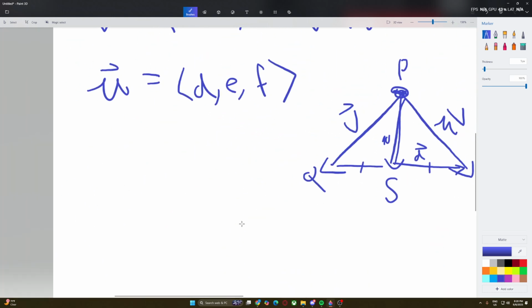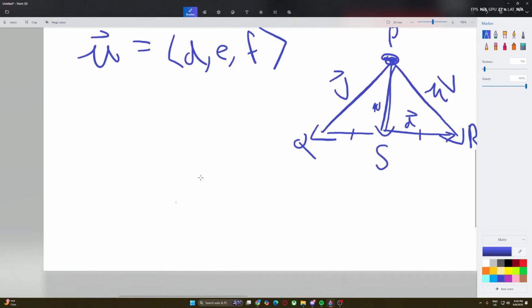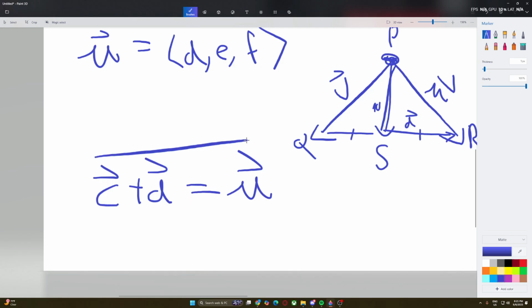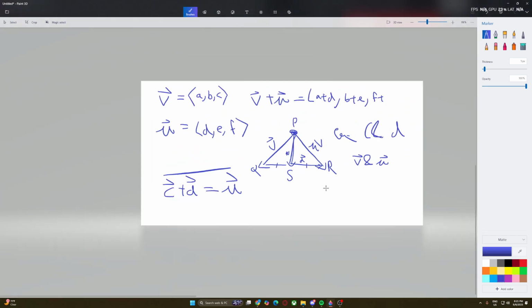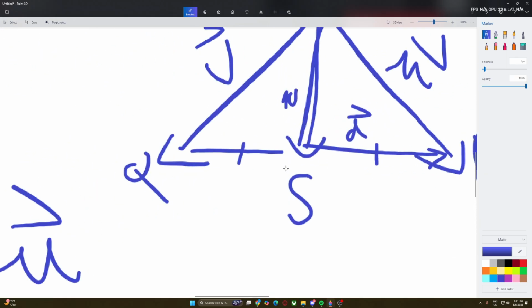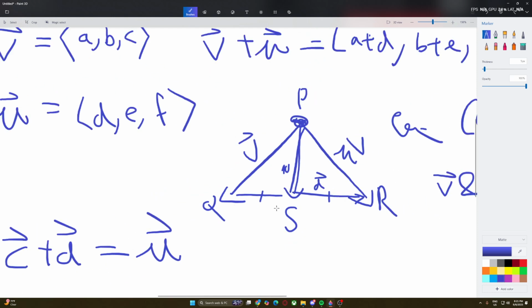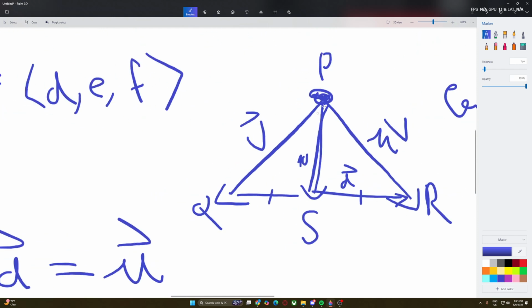So by the law of adding vectors, C vector plus D vector equals u vector. So that's one equation. So you'll have C and D represented in terms of v and u, but we have a C and D in here, which we need to substitute for other stuff that are related to u and v.